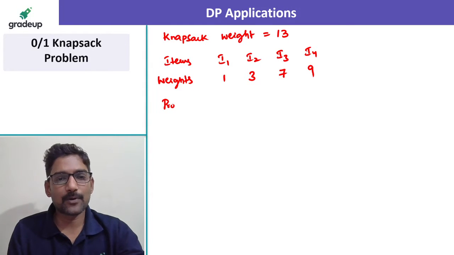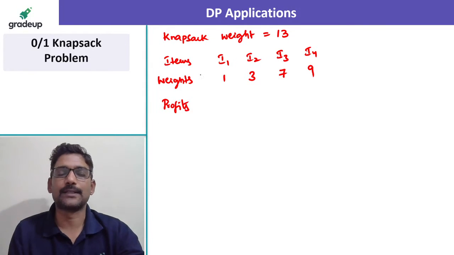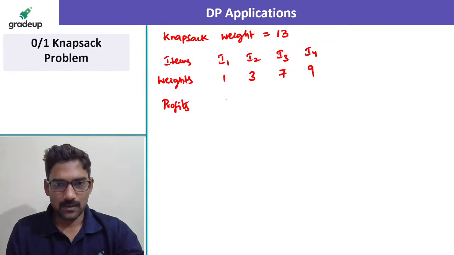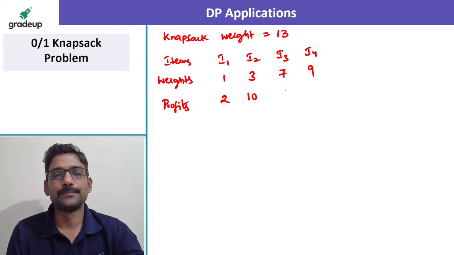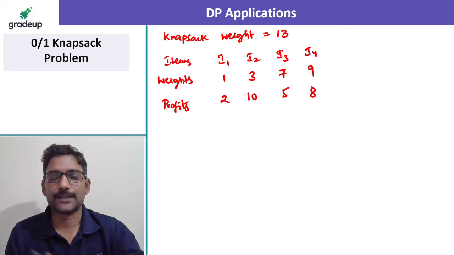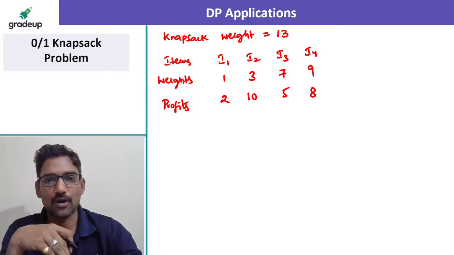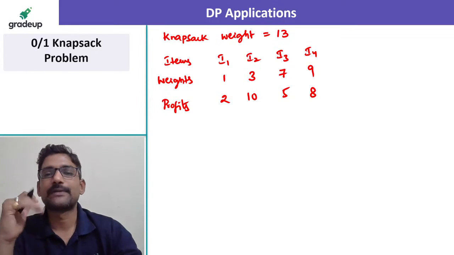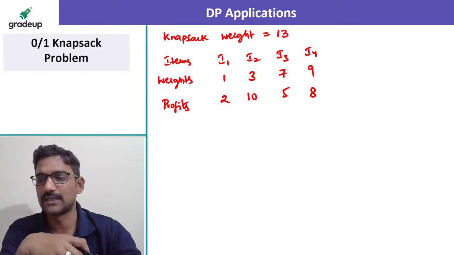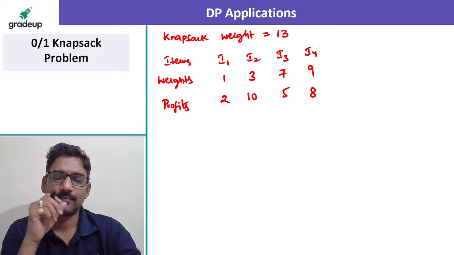Now the profits associated are 2, 10, 5, 8. Like you say 200 off, 1000 rupees off, 500 off, 800 off. In that way you can relate it.